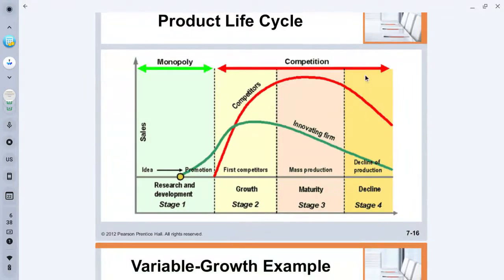And then not all industries have to go into decline, because they can reinvent, right? If they reinvent the new purpose of life for a particular product, it can be renewed and reused, right?